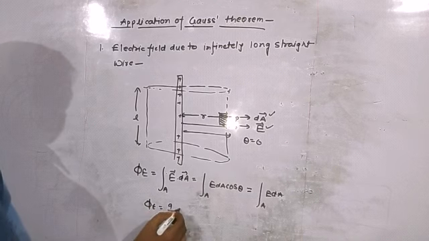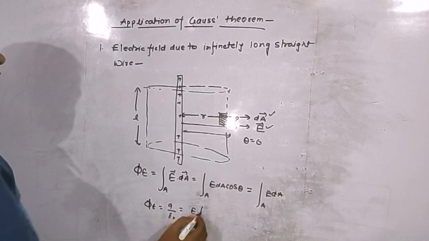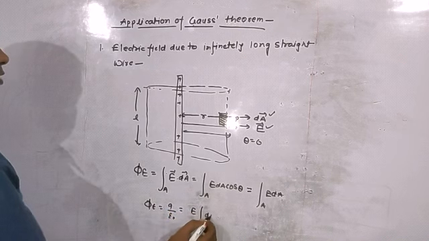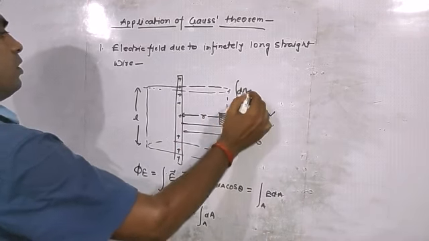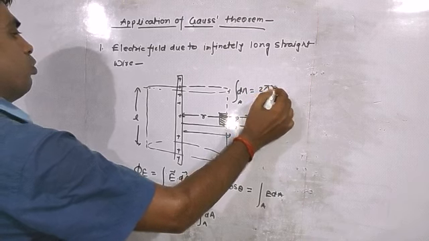So Q by epsilon naught is equal to E and the surface integral of dA. Now what is the value of the surface integral of dA? It is nothing but the area of the cylinder, 2 pi RL.